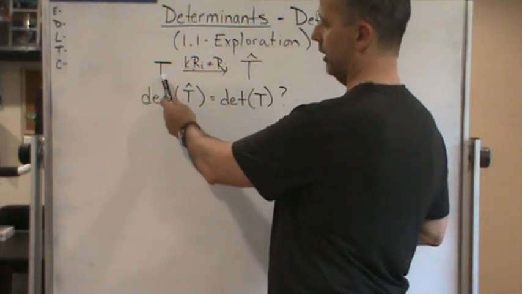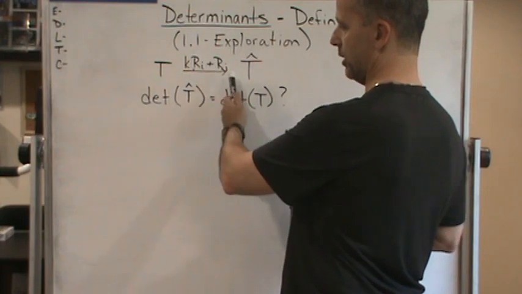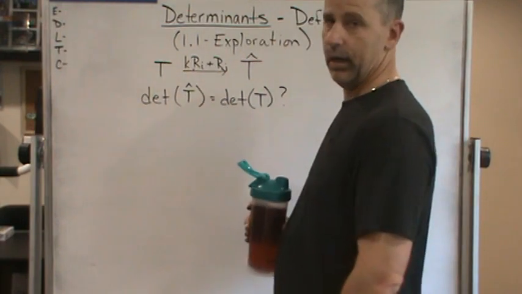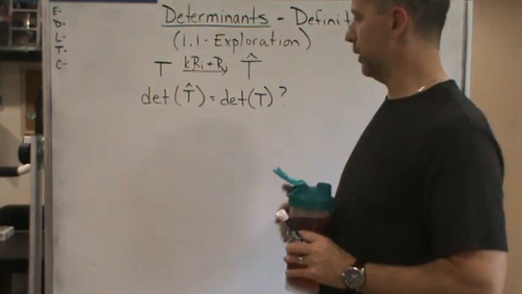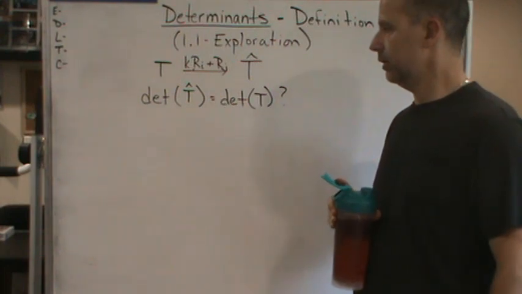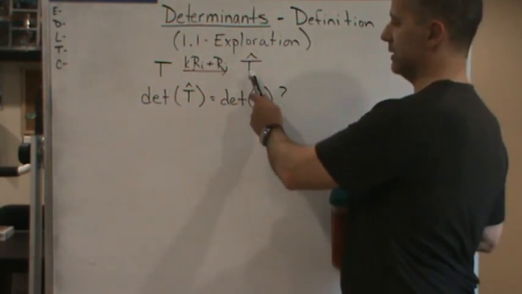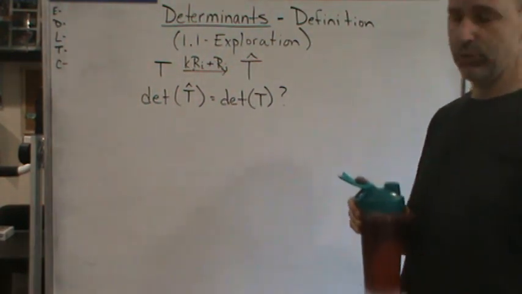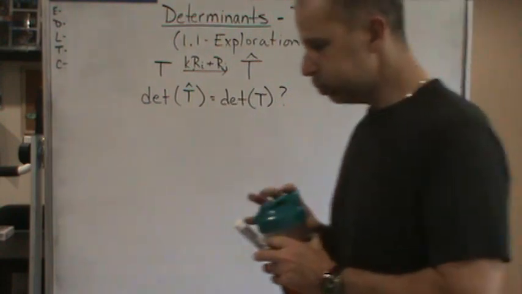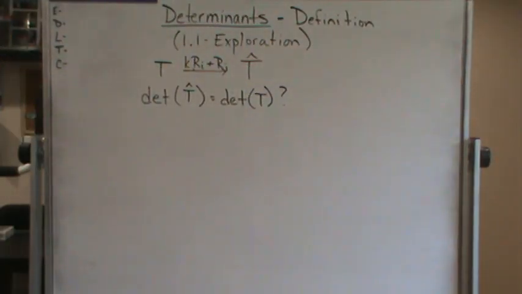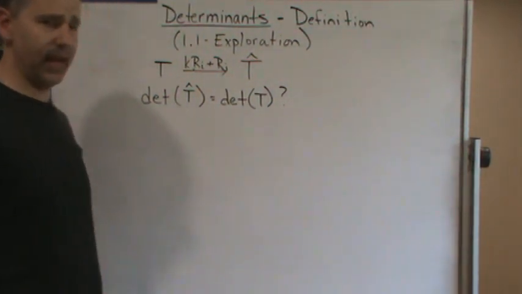Let's say we have a 2x2 or a 3x3 matrix T. We're going to do this row operation on two of the rows: K times one row plus another row, and that's going to give us T hat as the resulting matrix. So then the question becomes, are the determinants the same?